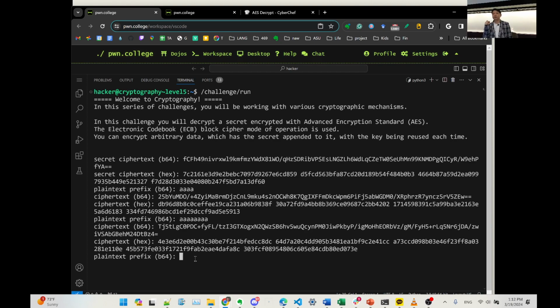So input some arbitrary data as the plain text prefix and observe what changes. What are the differences between the outputs?